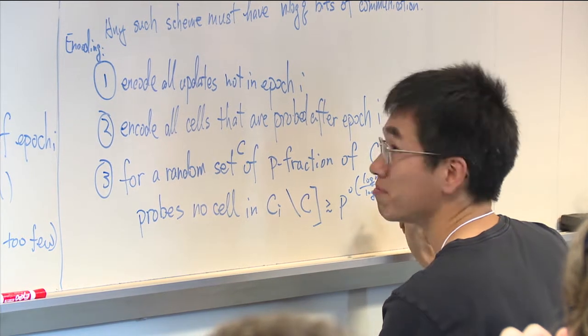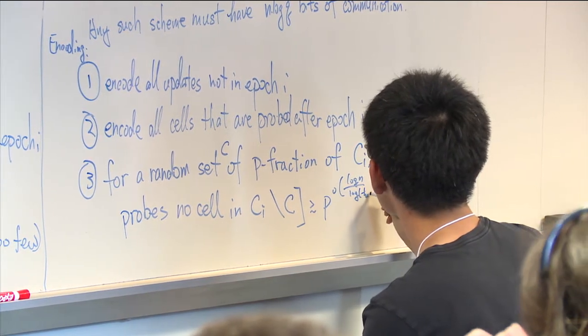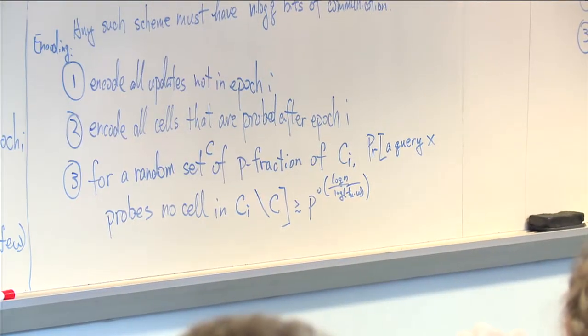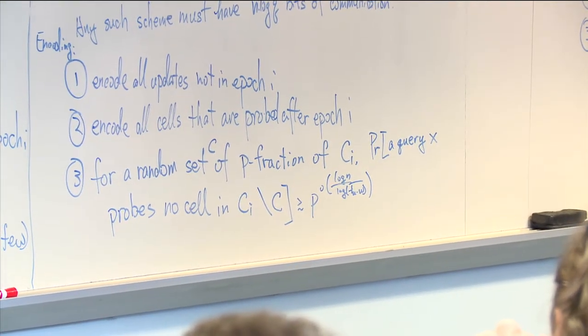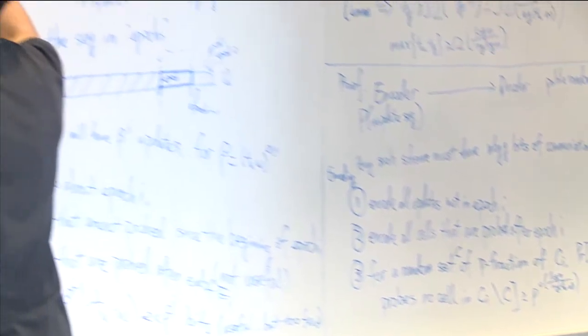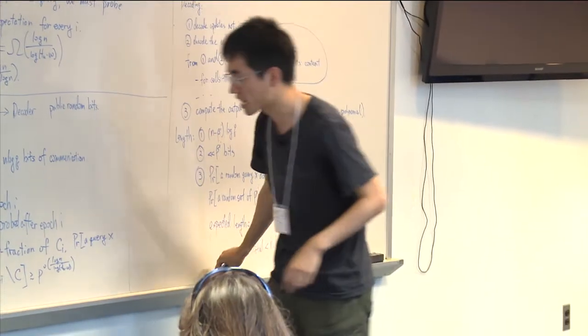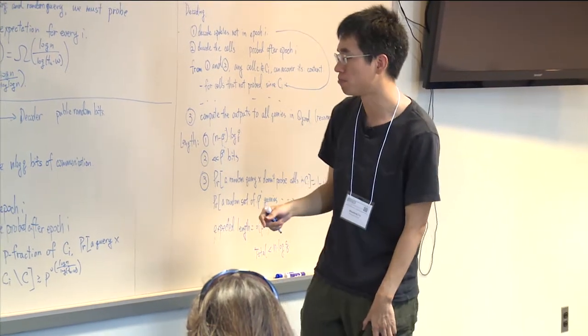Actually, maybe let me just write tu times w. And then still by setting p to be 1 over polynomial in that.